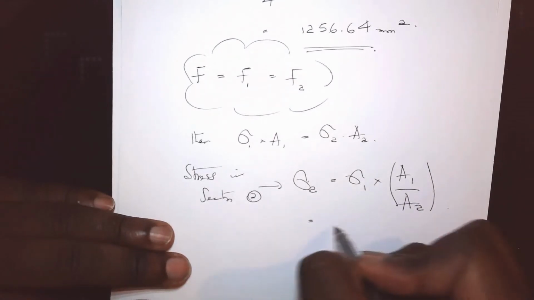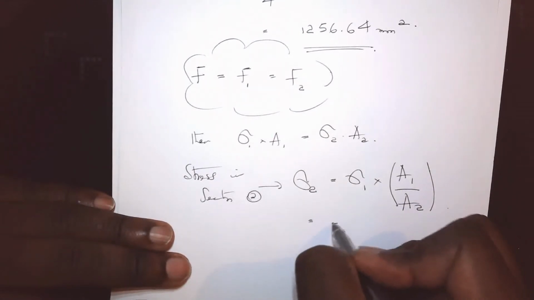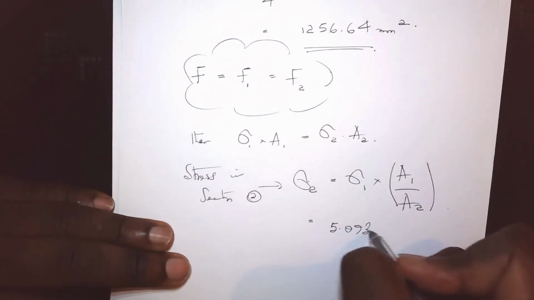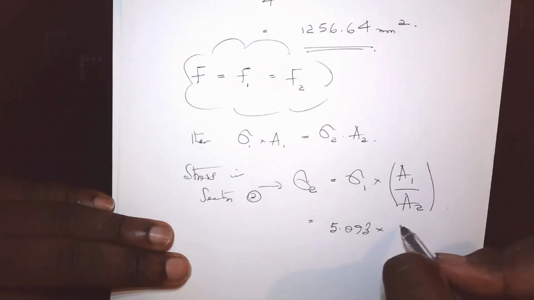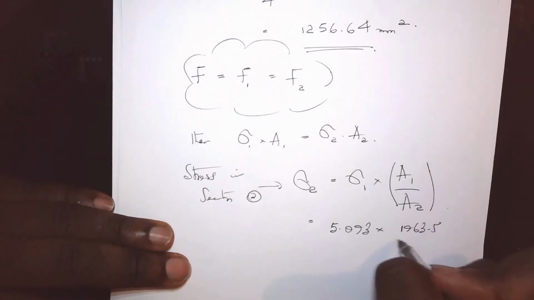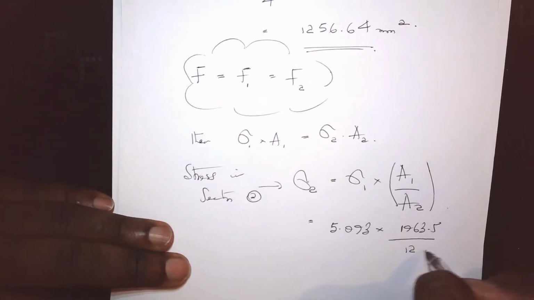So this becomes 5.093 times A1. So A1 was 1963.5 divided by 1256.64.